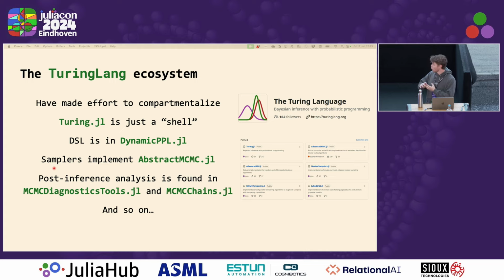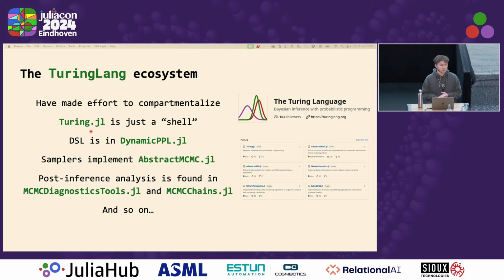That way, we should hopefully encourage more people who work on inference to write their methods in Julia, and once written in Julia, they're immediately available to the entire user base of Turing.jl for their day-to-day problems. Similarly, post-inference analysis is found in MCMCDiagnosticTools, MCMCChains.jl and so on. This is quite useful.